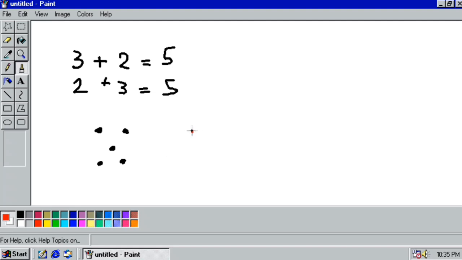So we have 3 on this side, and we will separate the other 2 on this side. And now let's have 2 on this side. We have 3 on this side.